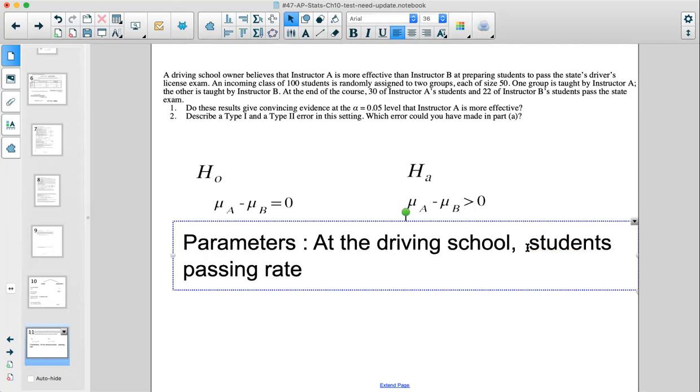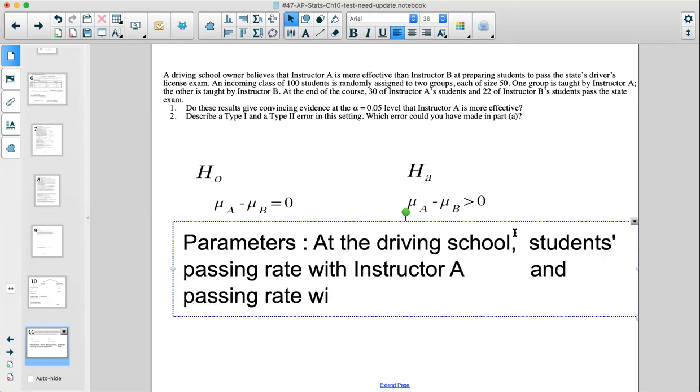Passing rate with instructor A, and that's the mu sub A, and I have a space, and passing rate with instructor B. Okay, and I'm going to make a space.